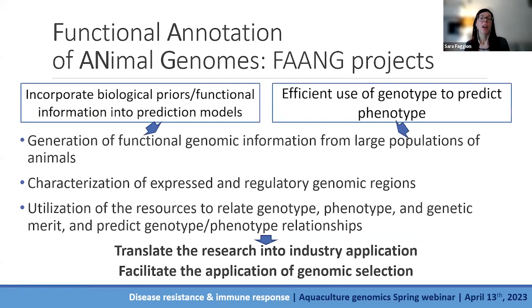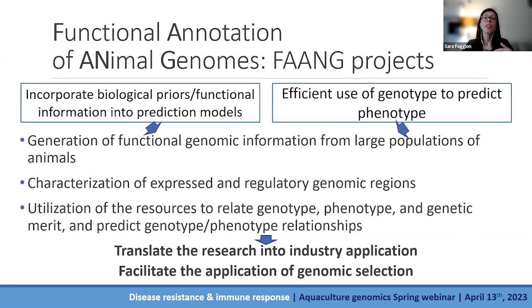Those two questions are addressed in the FAANG projects. So the aim is to generate functional and genomic information from large populations rather than using a few deeply annotated individuals. Expressed and regulatory genomic regions will be characterized. Again, Luca has already explained that.